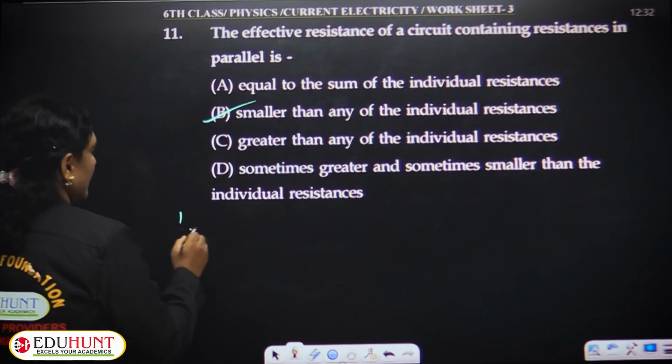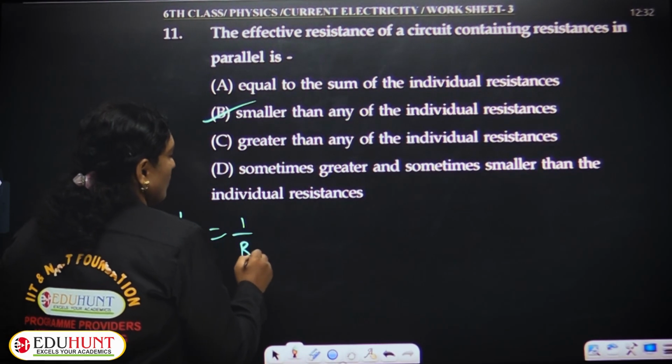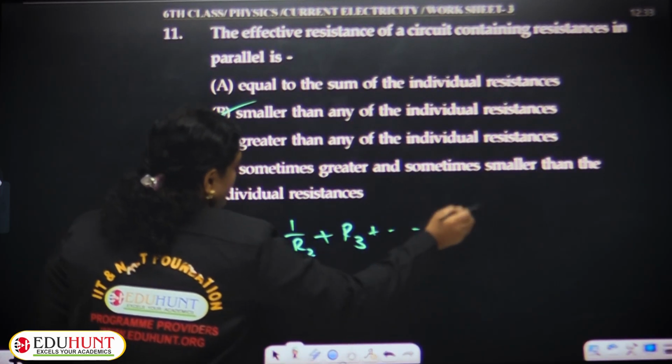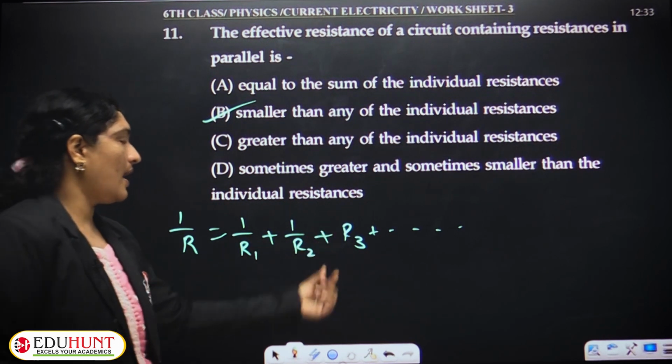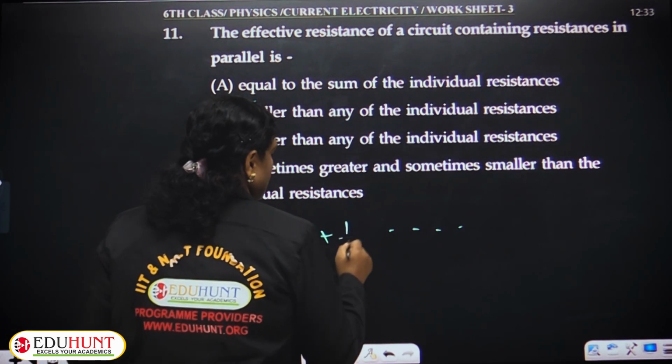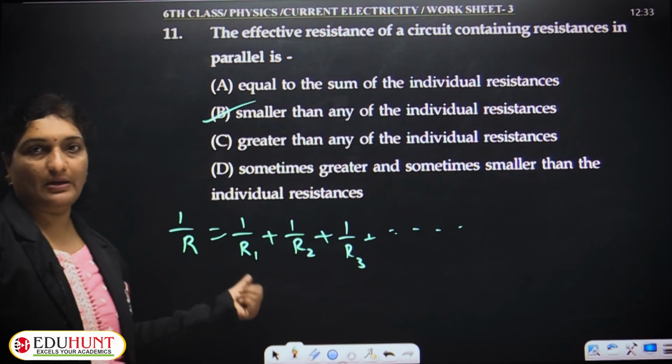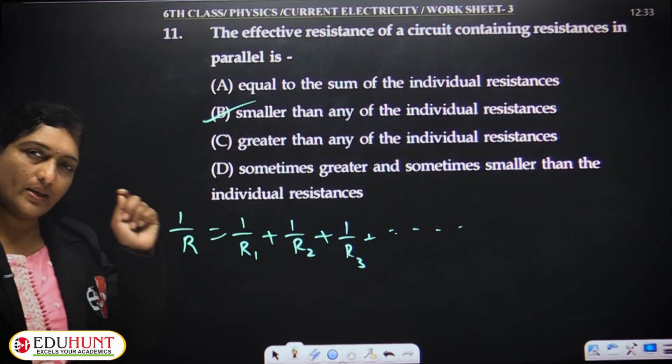Since 1 by R is equal to 1 by R1 plus 1 by R2 plus 1 by R3 and so on, if R1, R2, R3 are the individual resistors, the reciprocals are added together and you will get a smaller value.